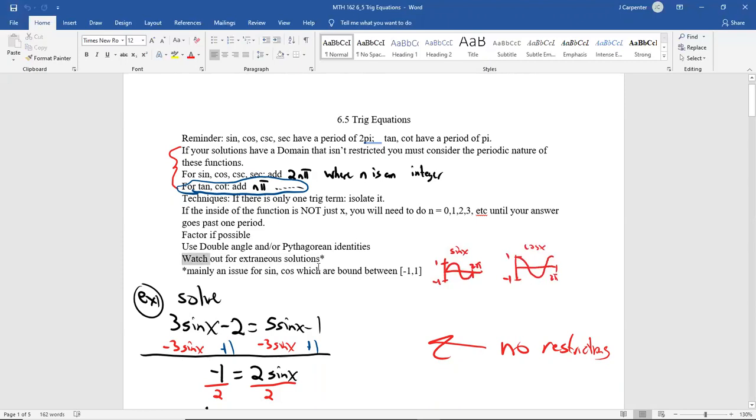Spoilers for today, since it's the last couple problems of the section. We said that identities might need to be used. We've talked about how you have to consider the domain restrictions, whether you're going to add that n pi or 2 n pi or whether you don't. We've talked about when you have to go through n equals 0, 1, 2, 3, all those different subtle details.